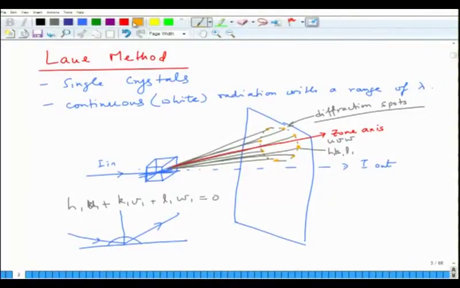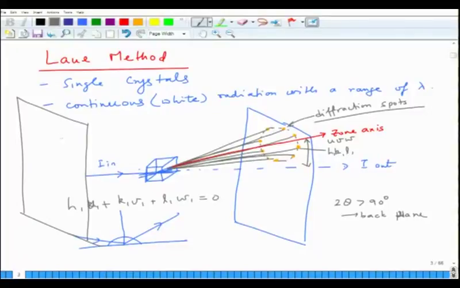So you will have diffraction taking place nearly close to the incident beam, and this angle is the angle between the zone axis and the diffracted beam. So for 2 theta being equal or greater than 90 degree, you will have back diffraction on the back plane. Basically the screen needs to be put on this side.